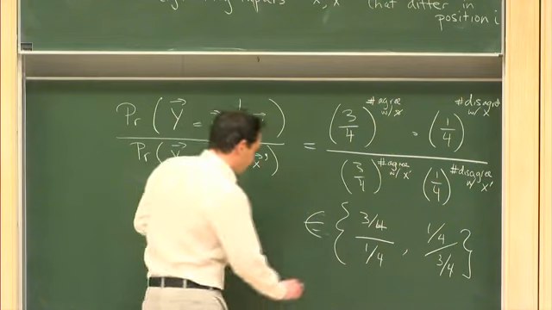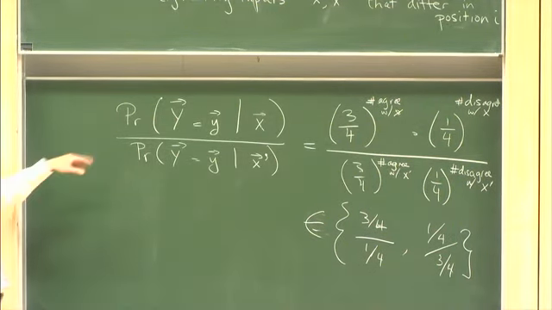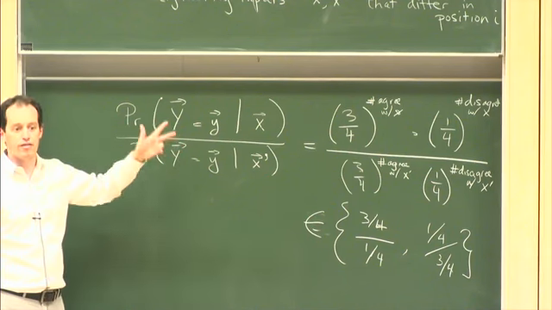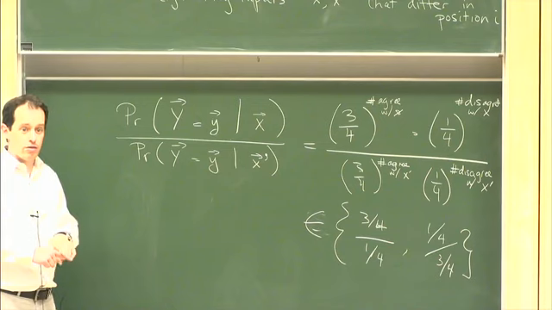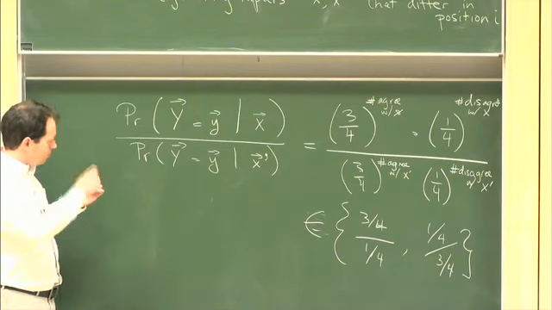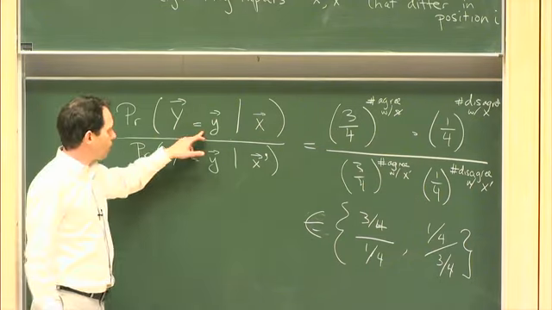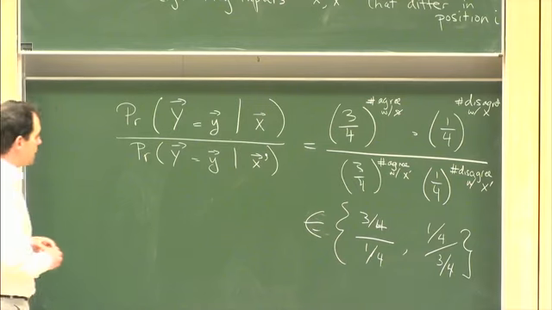So what we see is that the probability for any particular output can go up or down by a factor of at most 3. And that extends by simple arithmetic to any set of outputs. So for any event in the output space, any set of the y's, the probability of that set can go up or down by a factor of at most 3.